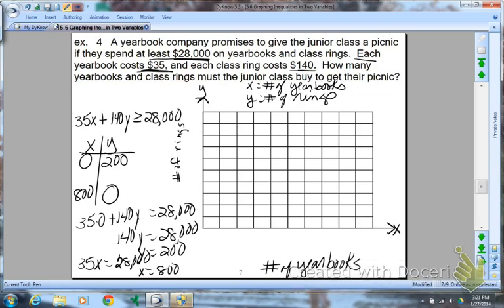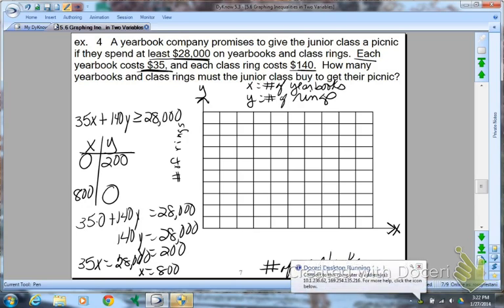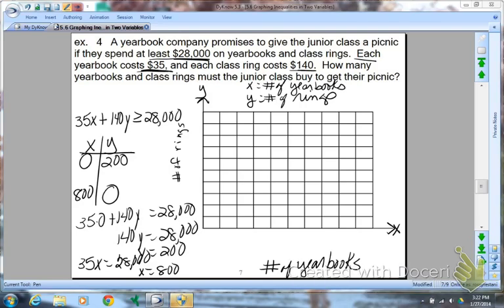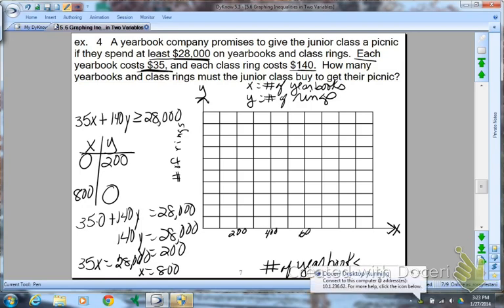Now we have to figure out, are we going to count by ones? So I'm going to label my horizontal axis. I'm going to count by 100, so I'm going to label every other one, just to make it look a little nicer.